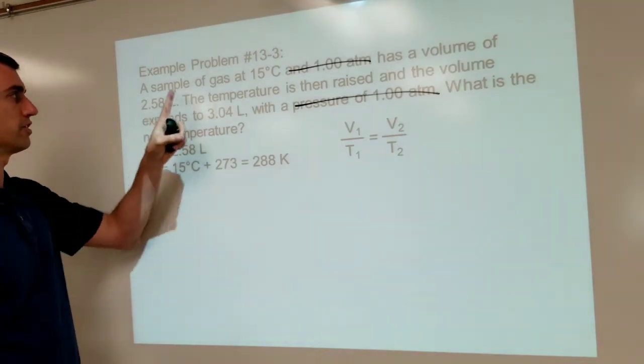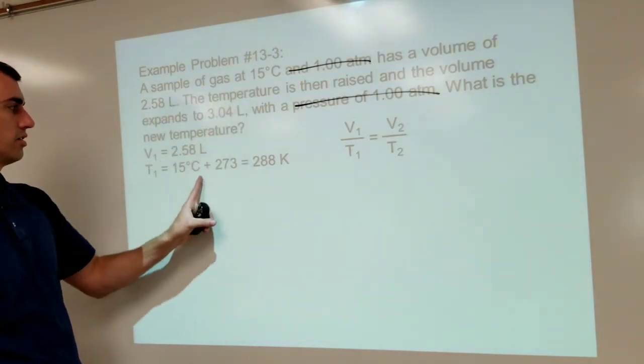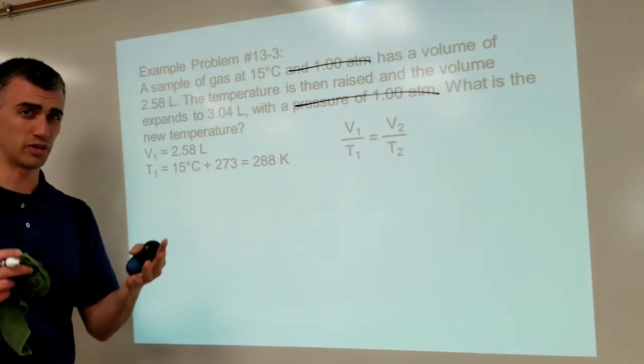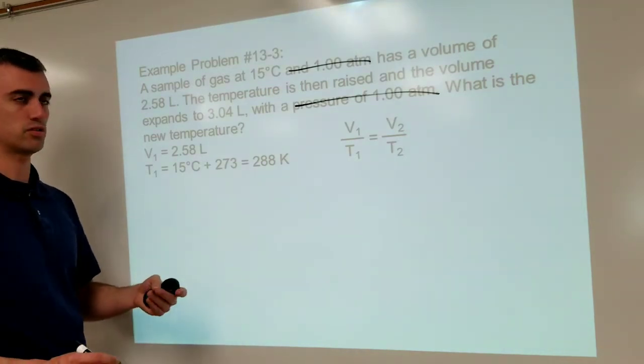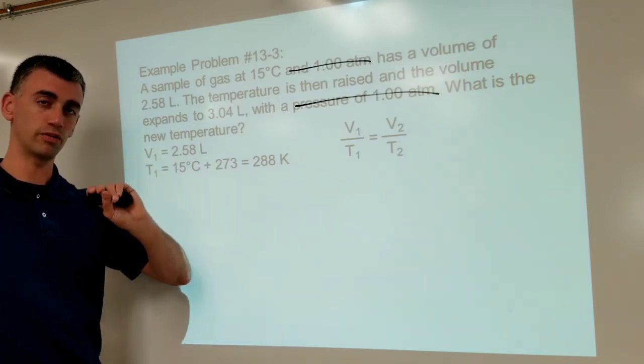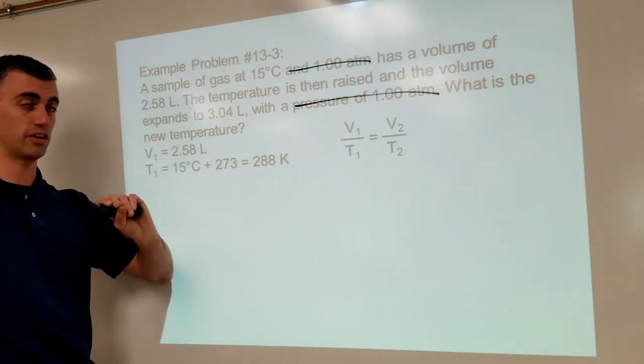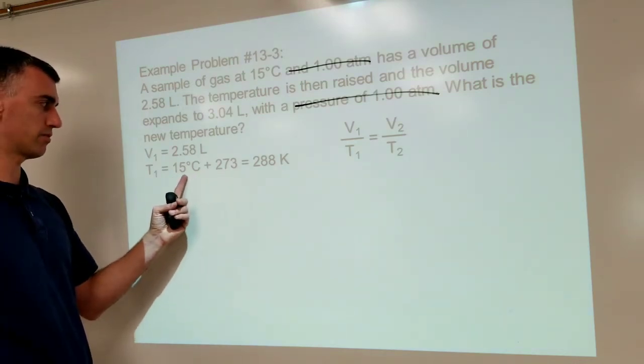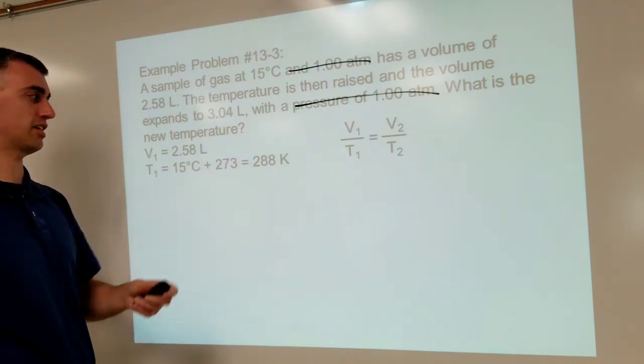Remember, if you're given degrees Celsius, you have to add 273 to make it Kelvin. In general, Kelvin is always the bigger number. If you're trying to go to degrees Celsius from Kelvin, it should be a smaller number. So, conversion from degrees Celsius to Kelvin, this is what you use in the calculation.